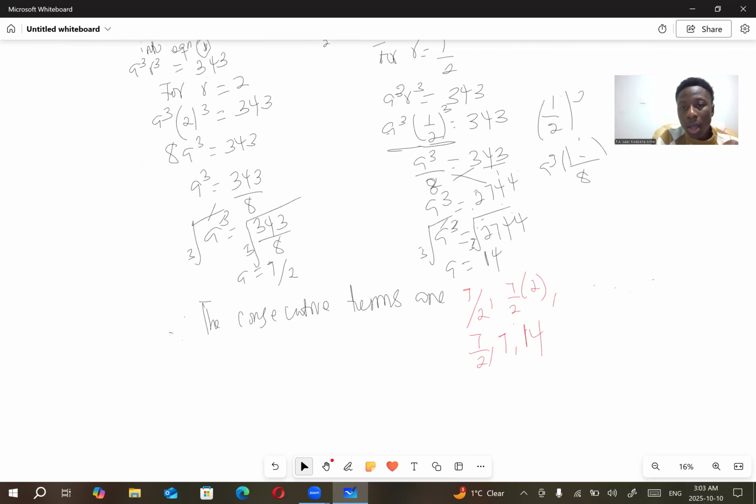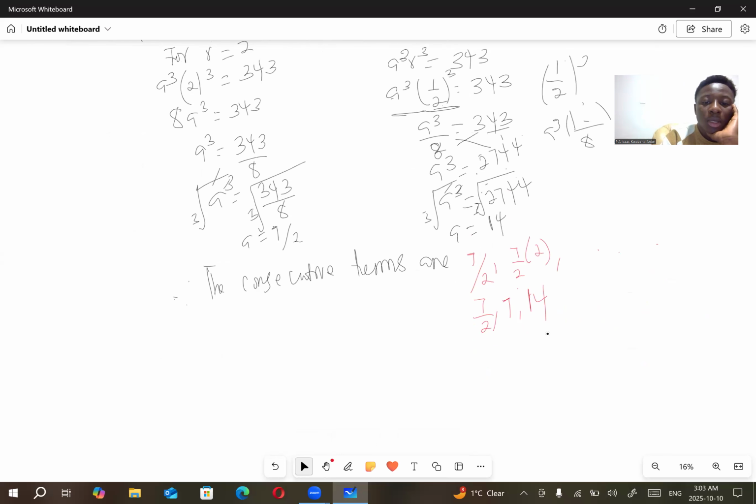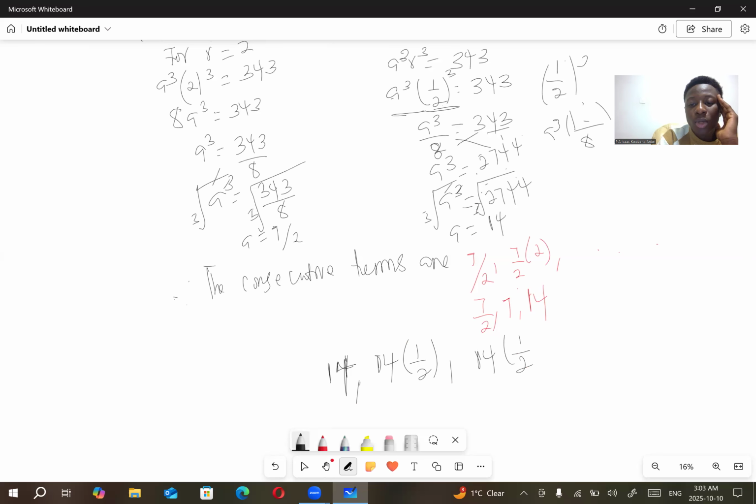If you are using R equals half and A equals 14, your consecutive terms will be 14, that's your A, then A R, which is half of 14, that's 7, then A R exponent 2: half squared is 1 over 4, and 1 over 4 times 14 is 7 over 2.